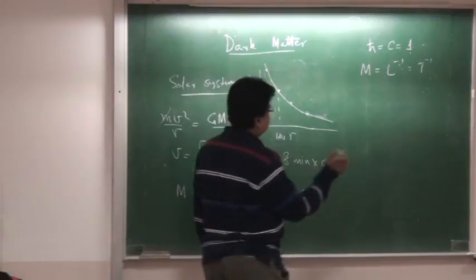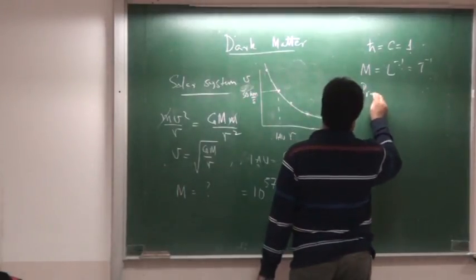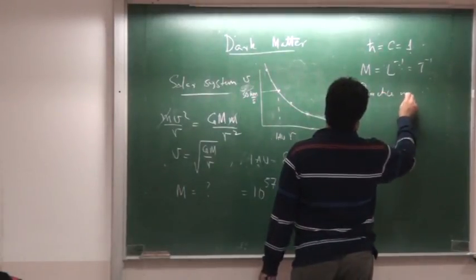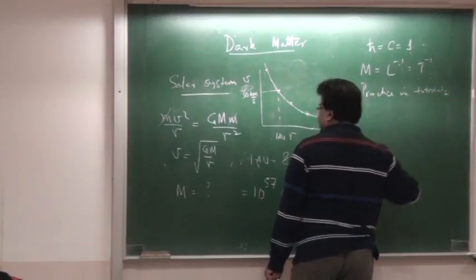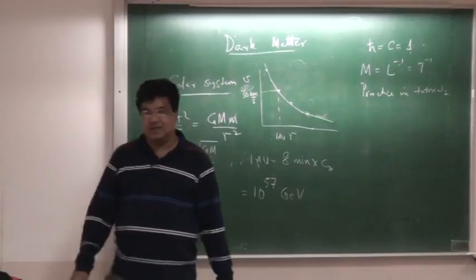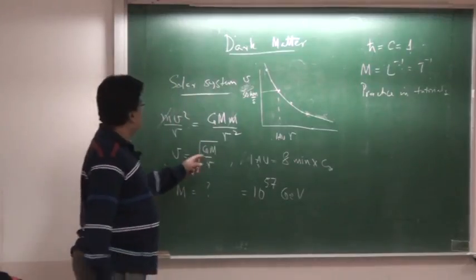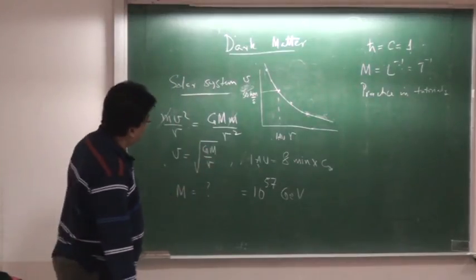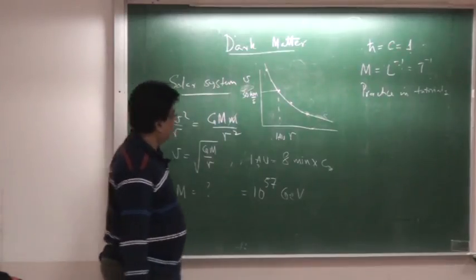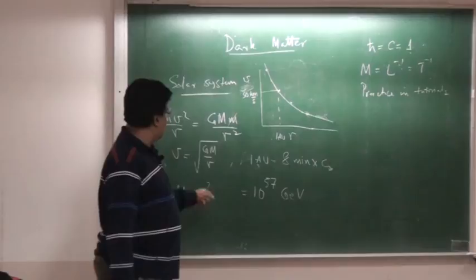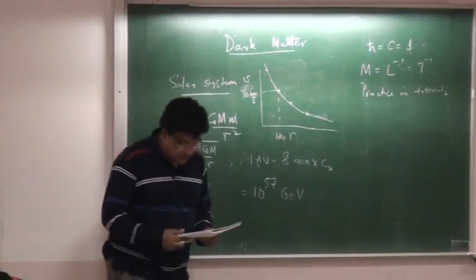So some practice of these units in the tutorials. Okay. So for instance, in these units, G is 1 upon m Planck squared and so on. So from this information, you can work out the mass of the Sun.